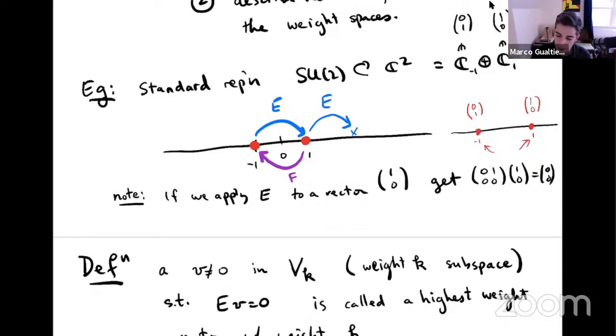These tell the eigenspaces or weights of H, and this is the action of E. E sends this to this, and F sends this to this. That's what the diagram means. I just wrote out all of the things that are denoted by the diagram.